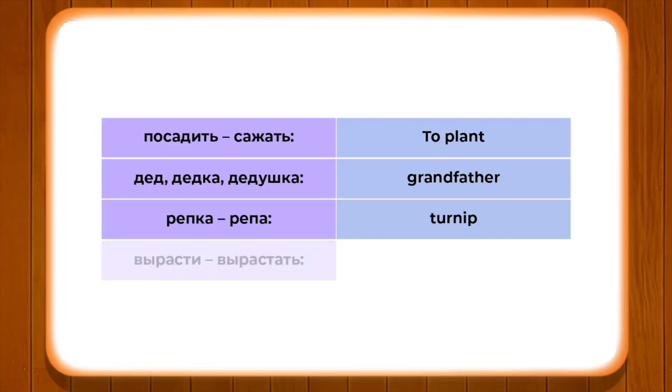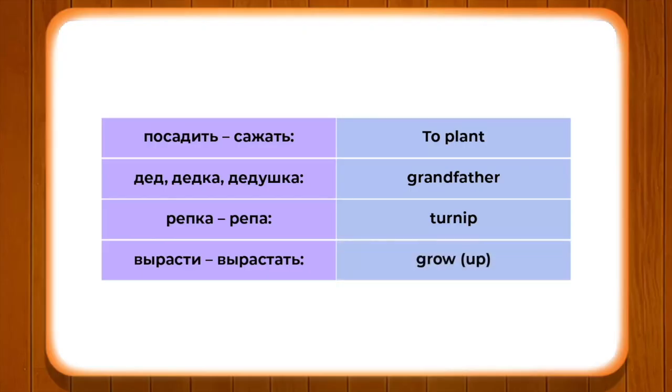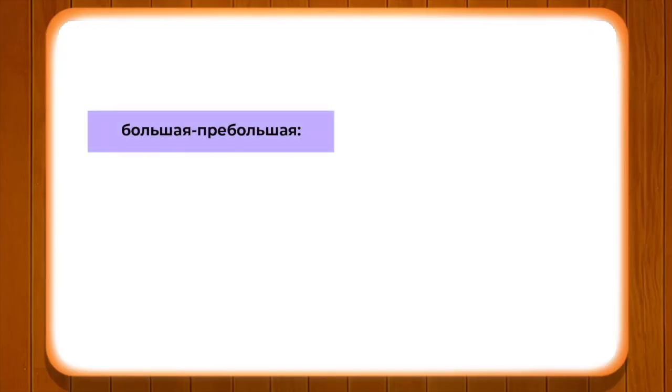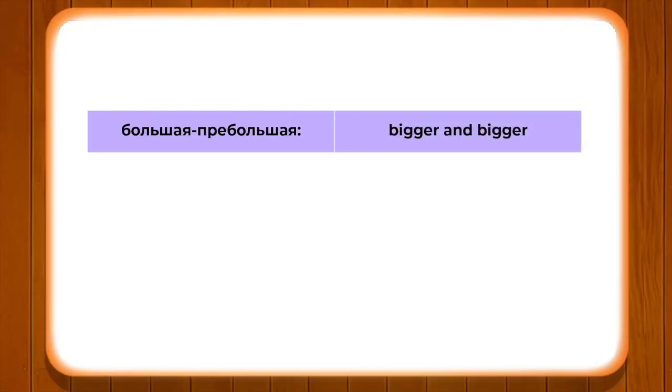Next word we have virasti, virastach. So the verb virasti, virastach means to grow up. Next is balshaya, pribalshaya. Balshaya, you can guess, is big, and pribalshaya means bigger. Next word is paichi.